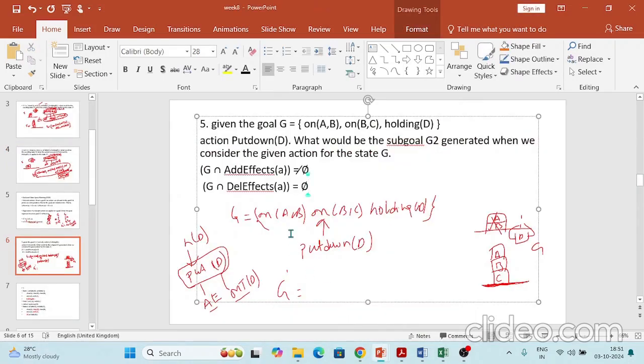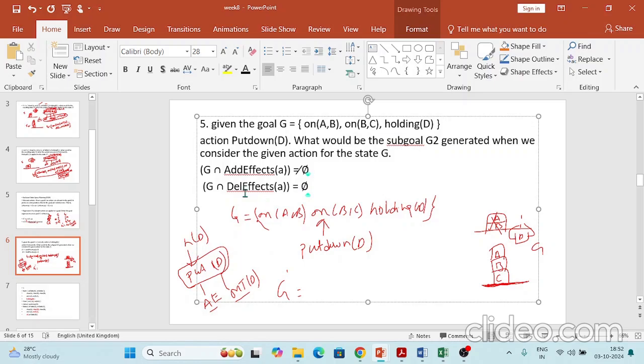Okay, so whenever we want to perform an action A on the G, we check whether the action A is relevant to Z or not. These are the conditions required: G intersection add effects of A is not equal to phi, and G intersection delete effects of A is phi.